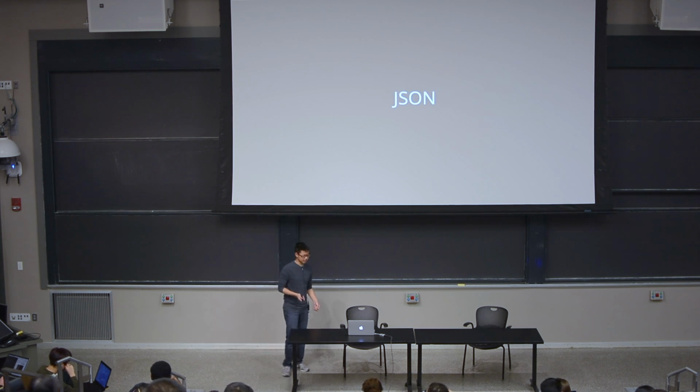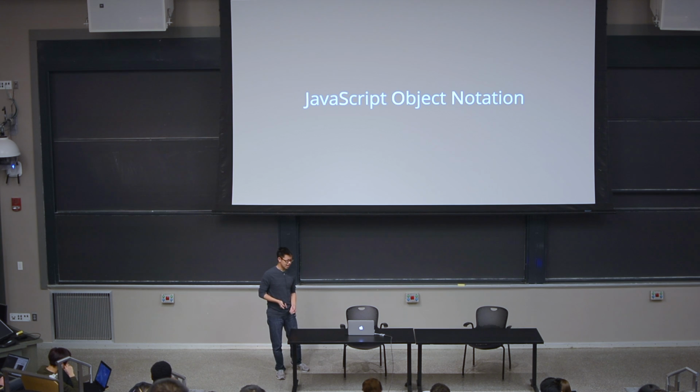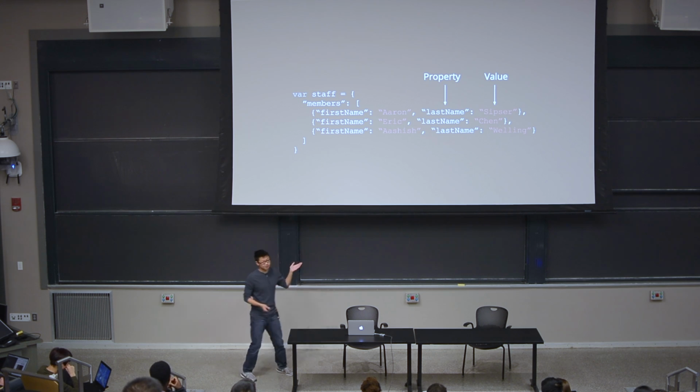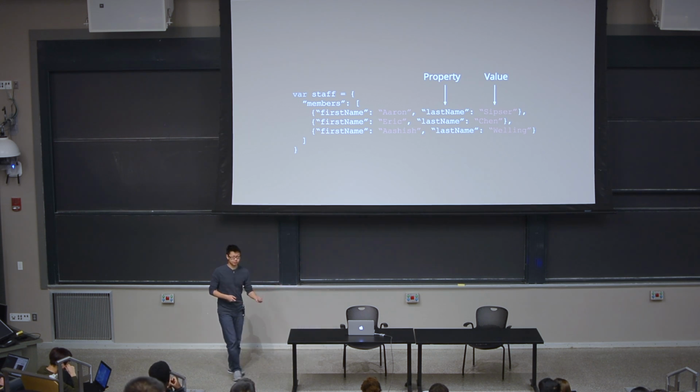So what JSON is, is just JavaScript Object Notation. And if you've ever seen Python dictionaries, it looks very similar. You have an object called staff, and it has properties mapped to values. So this is like Python's key to value, a similar thing.